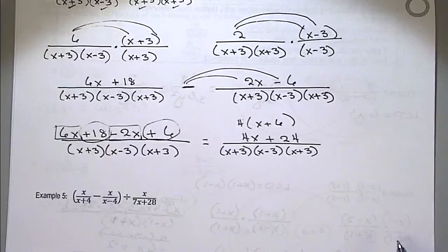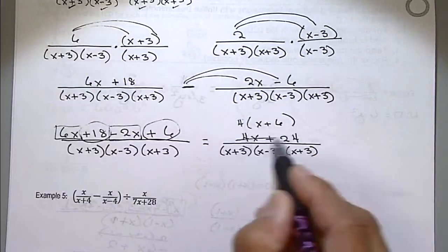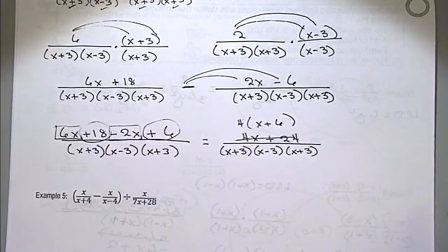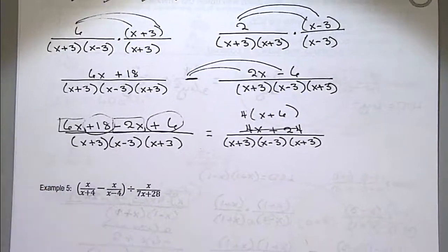Does that help me to reduce? Not really. So I might leave it like that just so that I can show I tried. Or you could leave it in the 4x plus 24 over your denominator. Okay? Any questions on it so far?